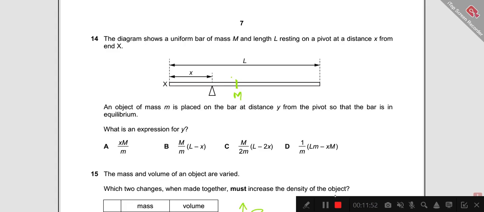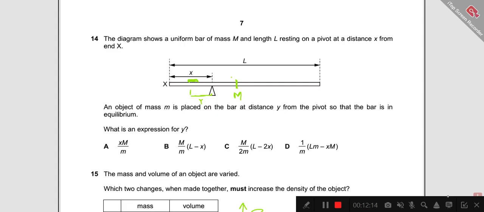So let's just say randomly the object is placed somewhere here, and they said that y is the distance of that object from the pivot. This distance then would be y.